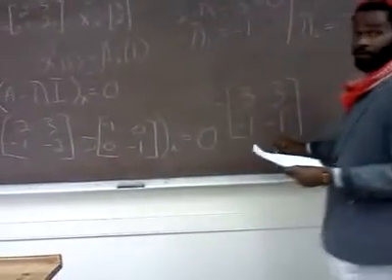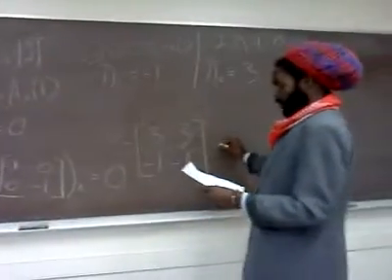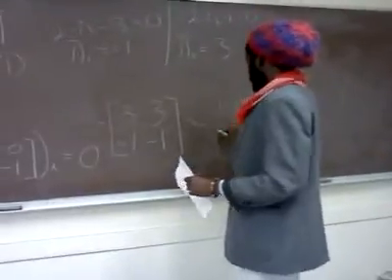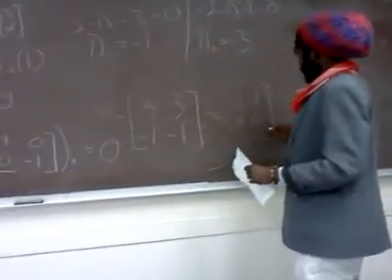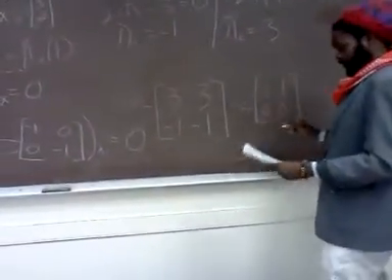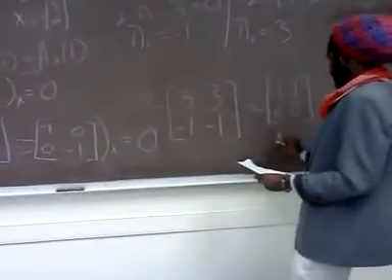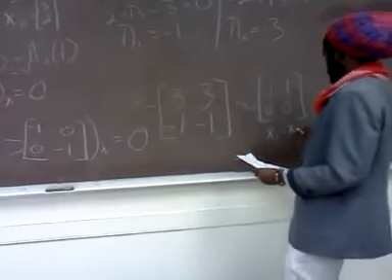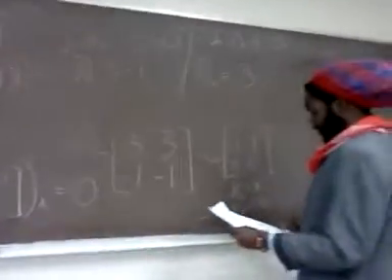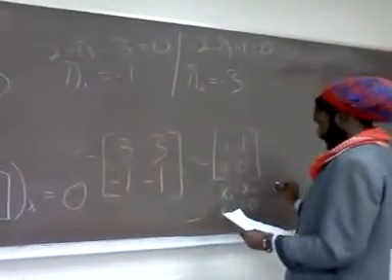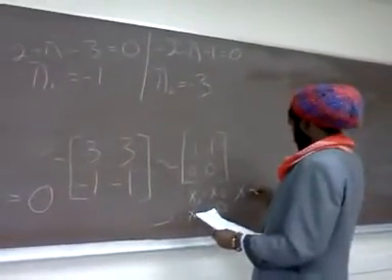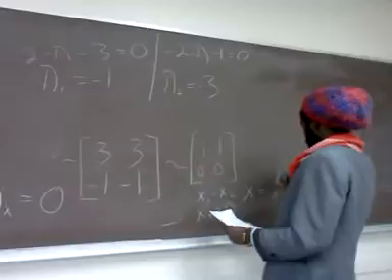Now once we get this matrix, we'll reduce it and we'll achieve a matrix of 1, 0, 1, 0. So then we just need to solve for x. So x1 equals x2 and x2 equals 0, giving us our first eigenvector of 1, 0.